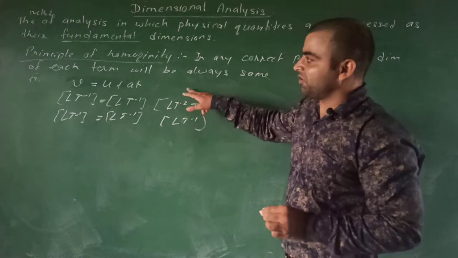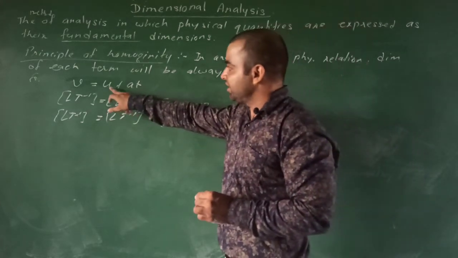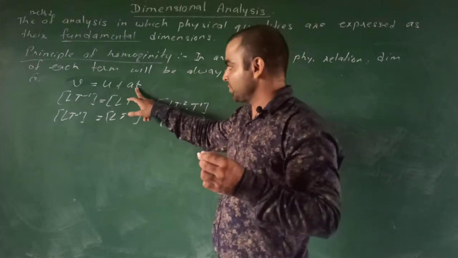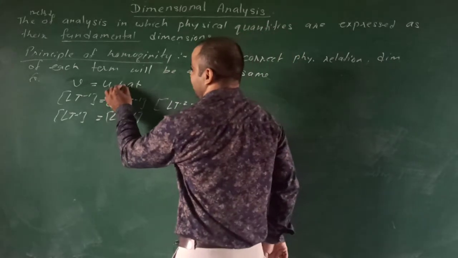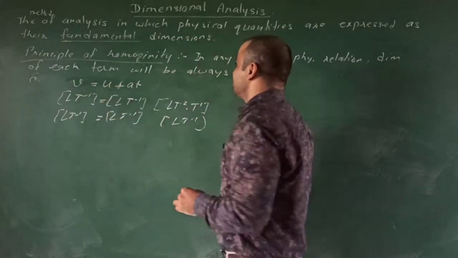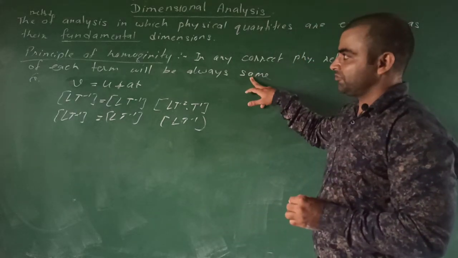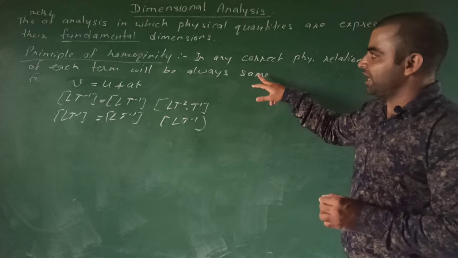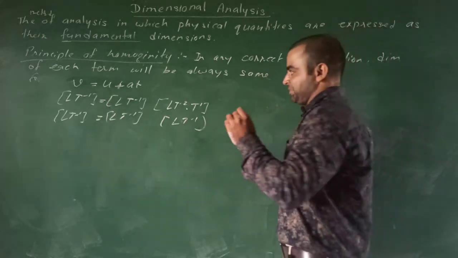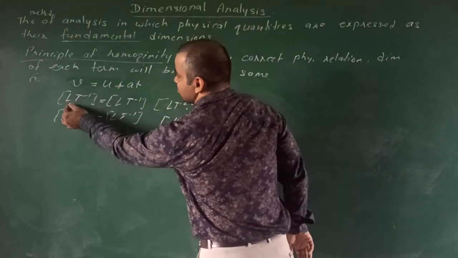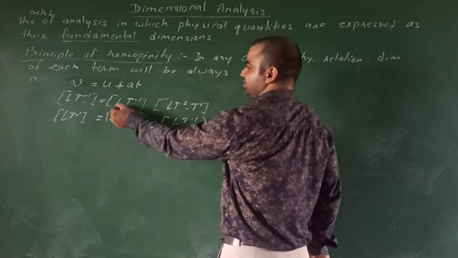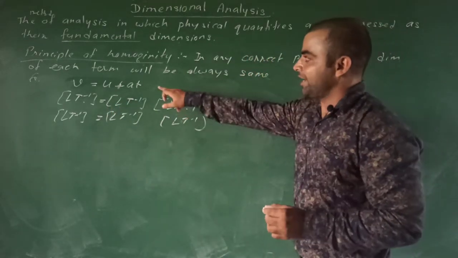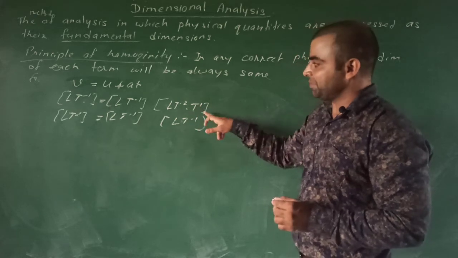This is the principle of homogeneity. If there are more than two physical quantities and they are added or subtracted, then they always have the same dimension.